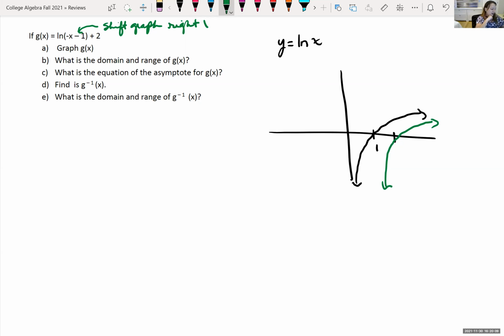I'm not done yet. Then we have that negative in front of the x. That's changing the signs of my x value, which is a reflection across the y-axis.